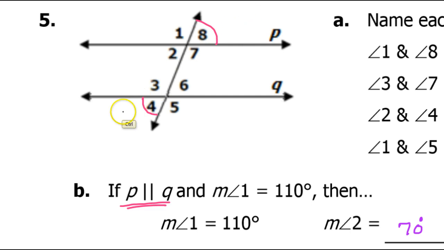These are alternate exterior angles, so they are going to be congruent if the lines are parallel. Notice how they both look acute. When they draw it to make it obvious which angles are acute and which are obtuse, it makes it easy because all of the angles that look acute will be congruent if the lines are parallel. So we know that angle 4 and angle 8 should be congruent to each other. Their measures should be equal.